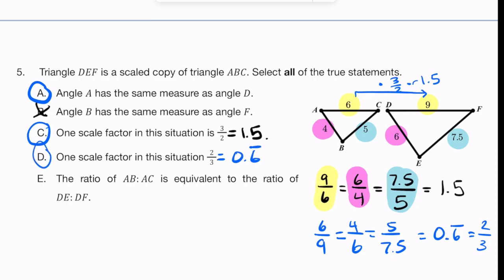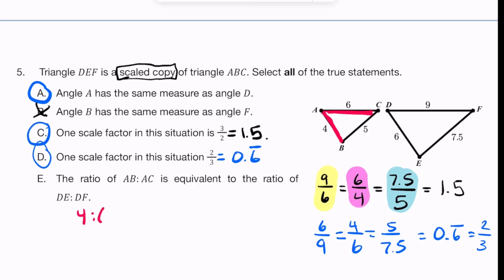And then finally, the ratio of AB to AC is equivalent to the ratio of DE to DF. So right off the bat, if we know that these are scaled copies, we know that the corresponding ratios are the same. So I'm inclined to think this is yes, but we can check with the numbers. AB is 4, and AC is 6.